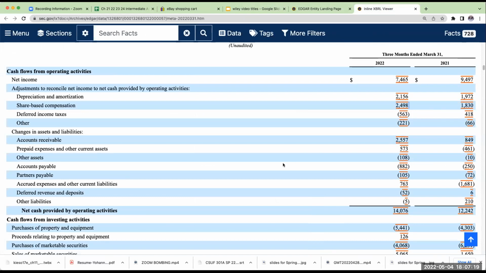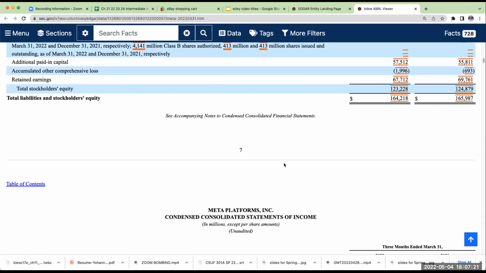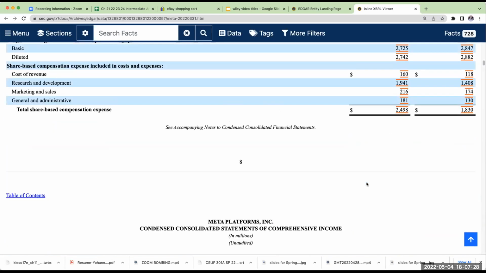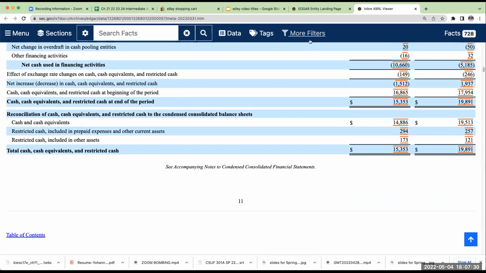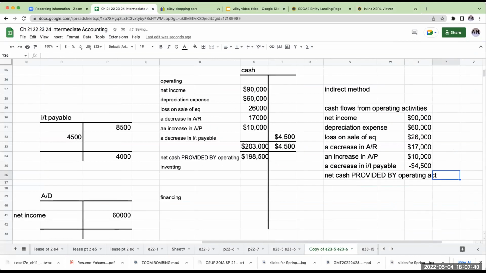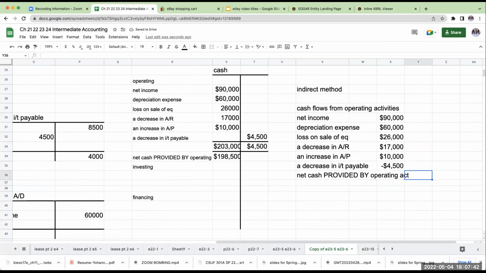Because this is positive, accounts receivable more than likely decreased, right? If I look at it, accounts receivable went from 14 to 11. So that's why that's showing up as a positive number over here. So my net cash provided by operating activities is going to be over here at 198,500.